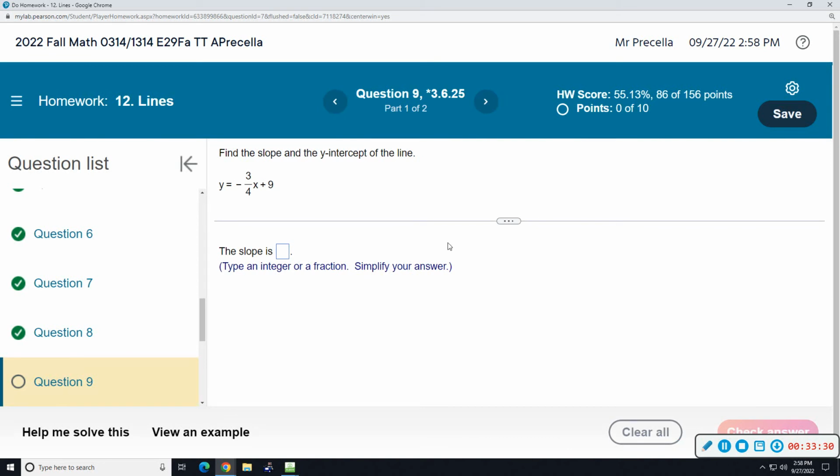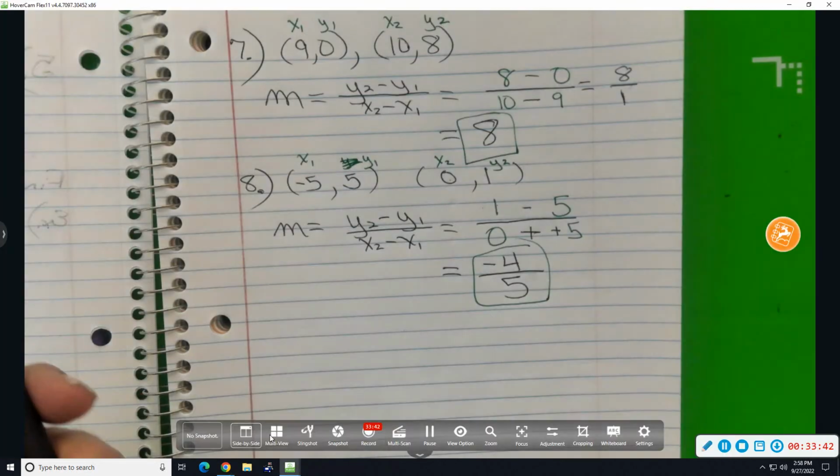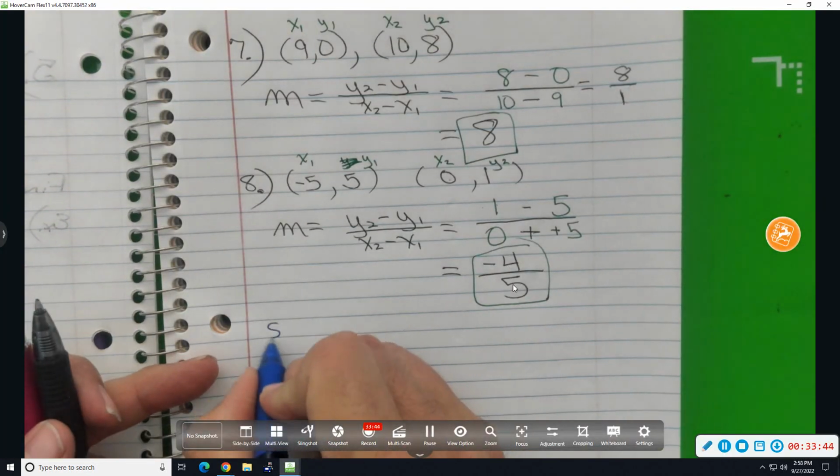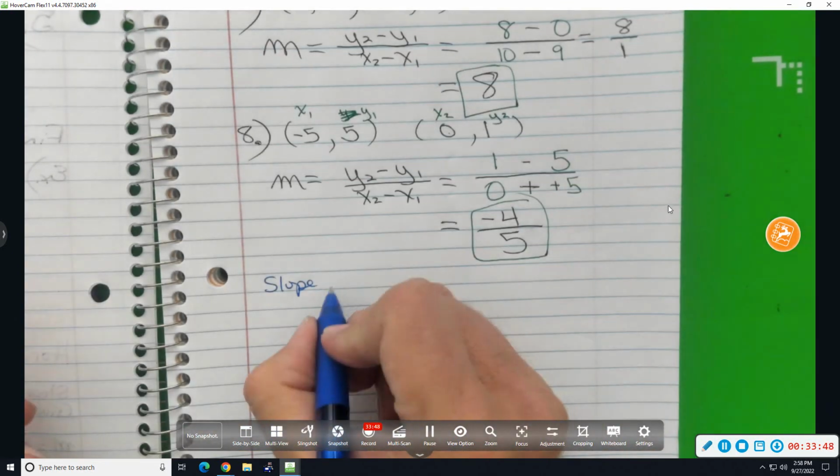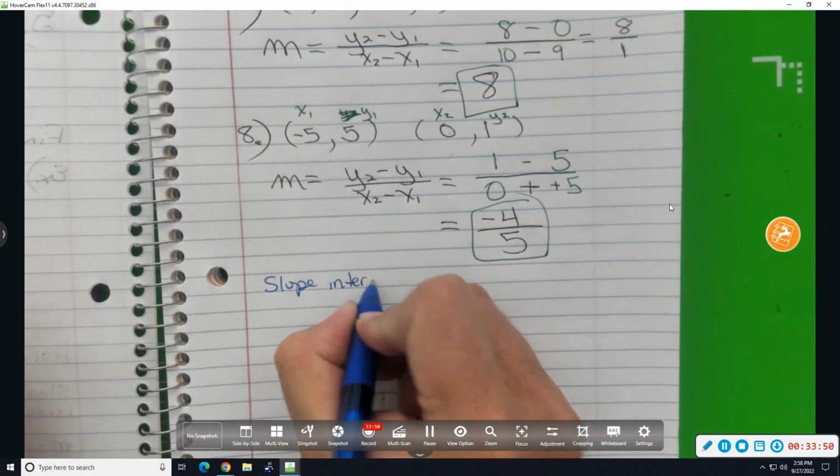Okay, do you want to define slope-intercept form? Then flip it over. Slope-intercept form.